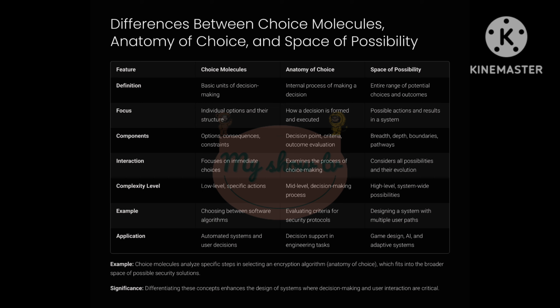Anatomy of choice evaluates how the best option is selected. Space of possibility considers all potential encryption methods. Significance: understanding these layers helps in designing smarter systems by addressing small choices, decision processes, and bigger outcomes effectively.